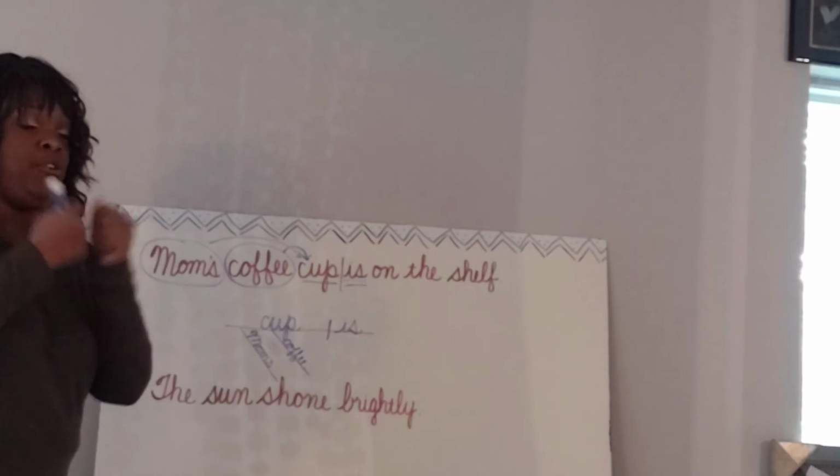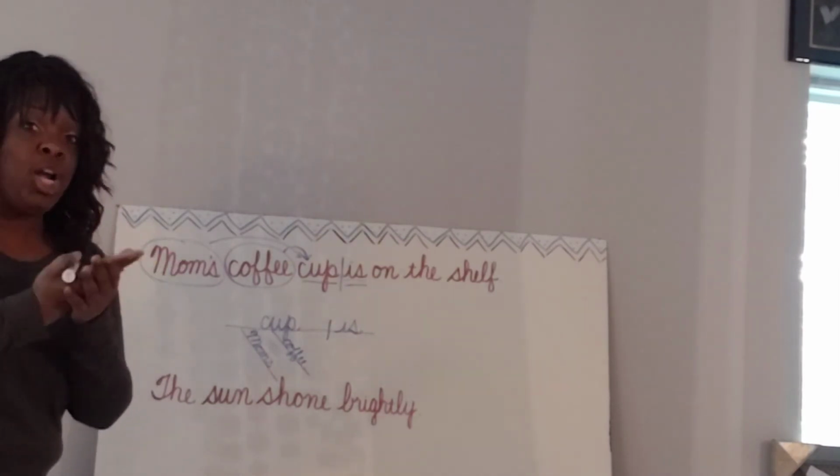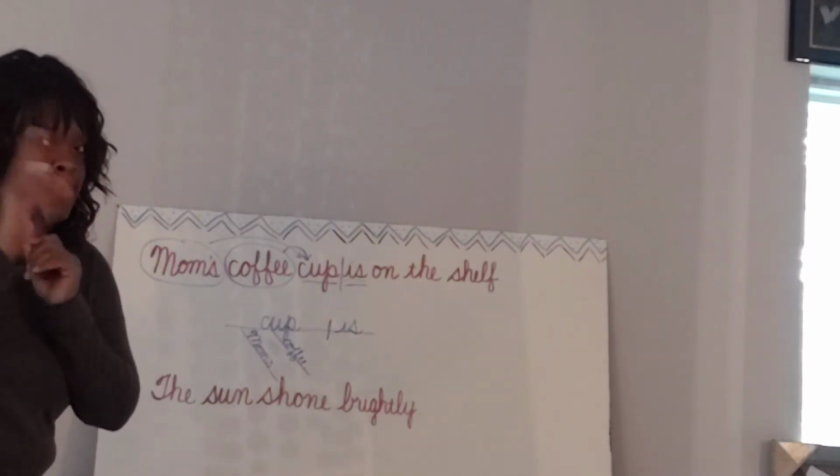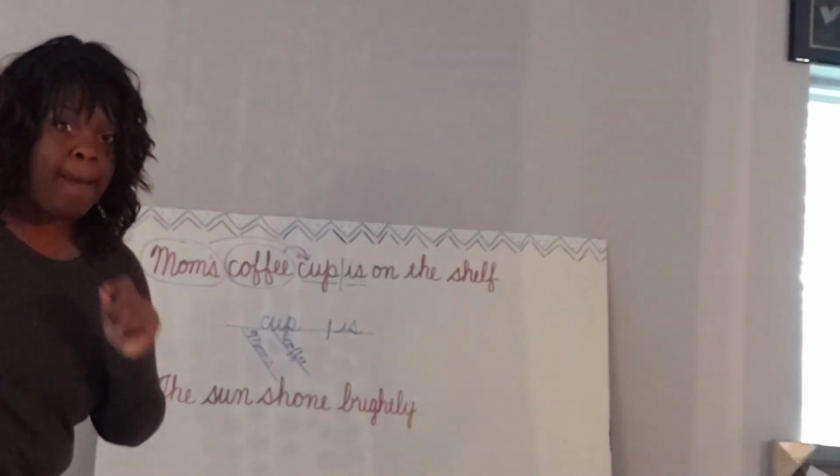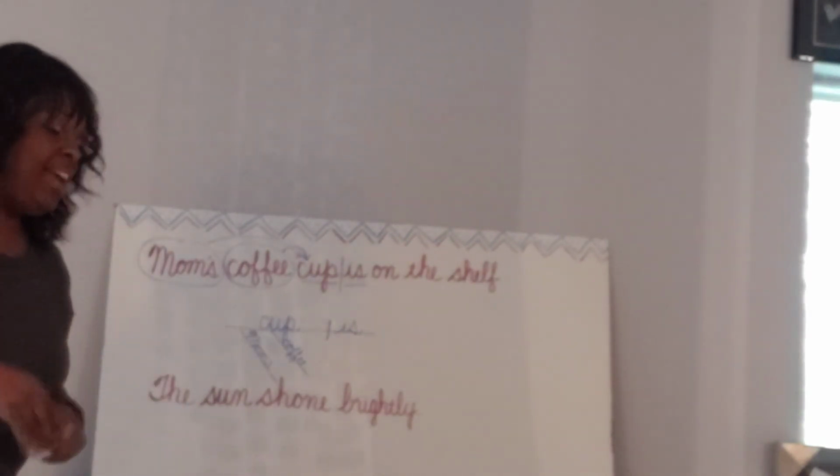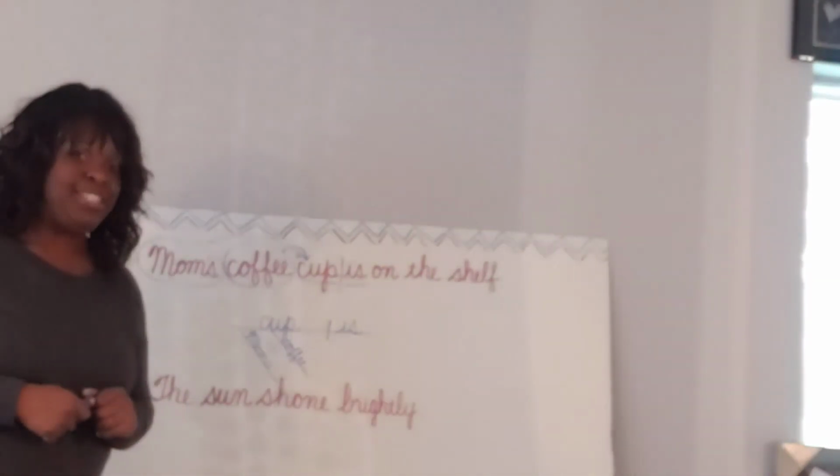The first thing we have to do is mark our sentences. Mark your sentences. Third grade, mark your sentences. Mark them, mark them, mark them. Okay, so mark your sentences, and the way that you do that is you look for your subject predicate divide.